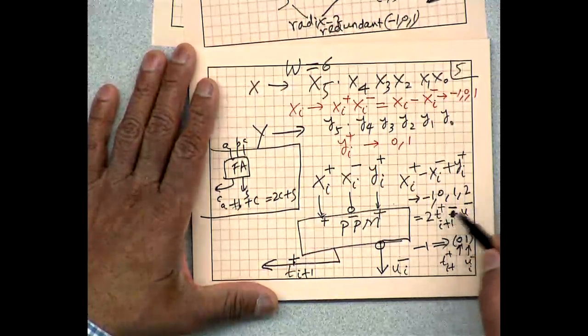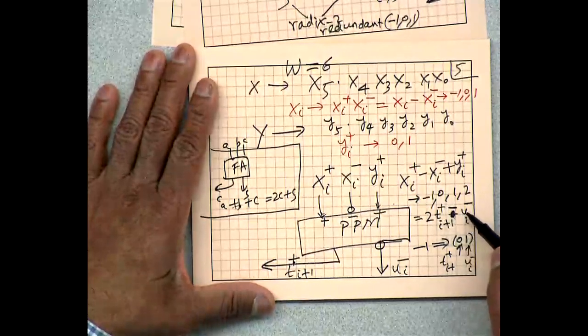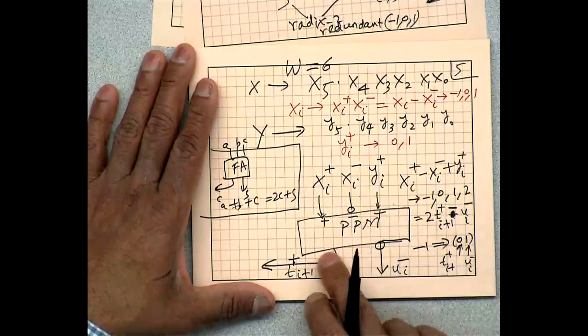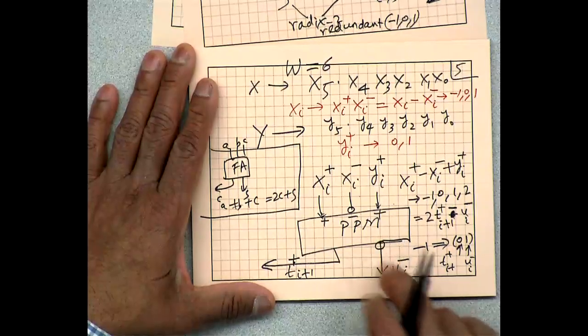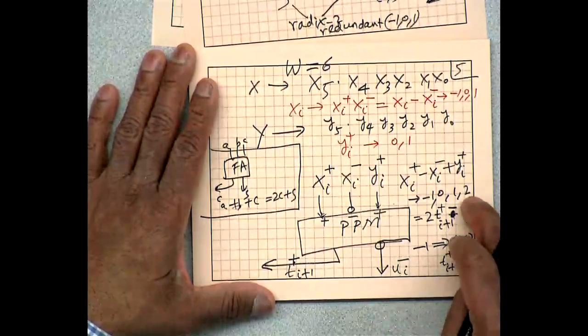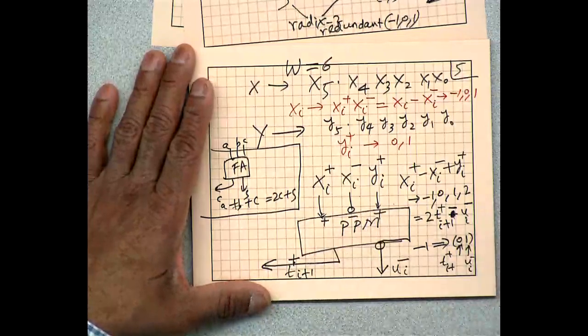And 1, how does 1 get represented? 2 times 1 minus 1. So both will be 1, 1. 1, ui minus is 1. 2 times 1 minus negatively weighted, that's 1. And 2, 1, 0. So that's the description of the ppm adder.